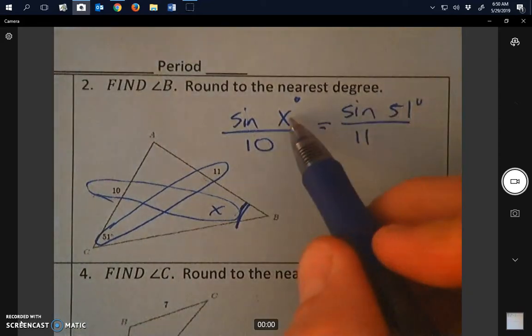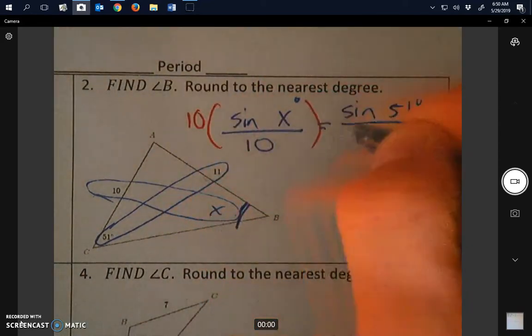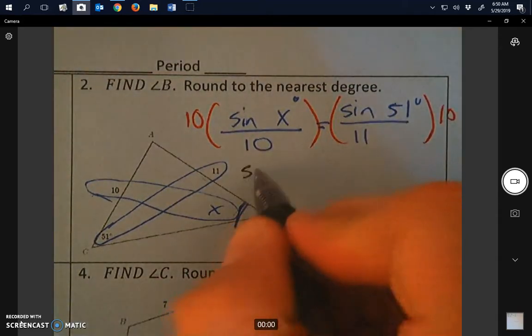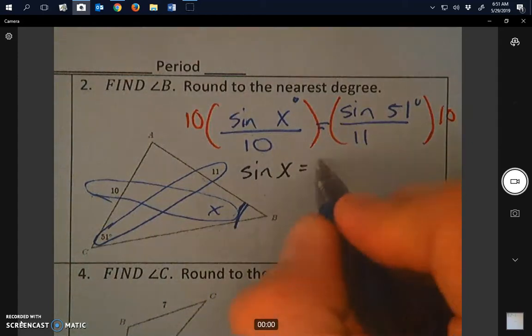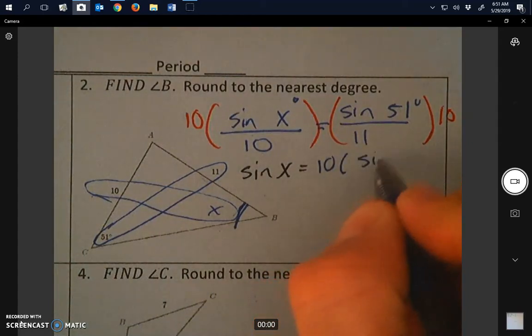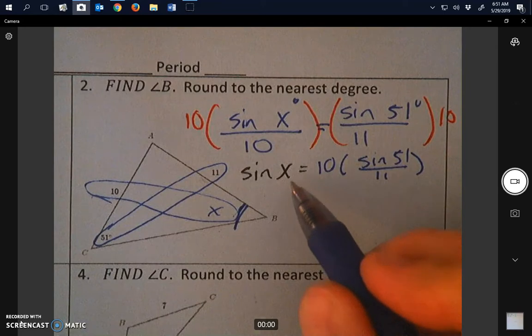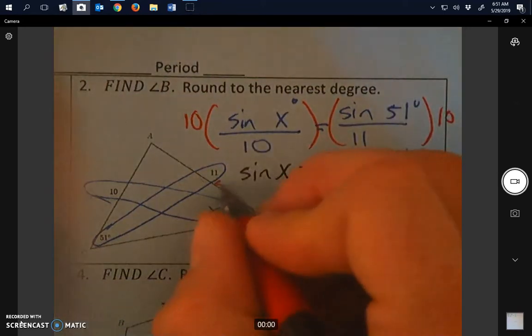All right, now we have our sine of x. We multiply both sides by 10. And we get sine of x is equal to, I'm going to rewrite my 10 in front, over 11. Now, to get our x by itself, we have to get rid of the sine, and to do that, we take the inverse sine of both sides.